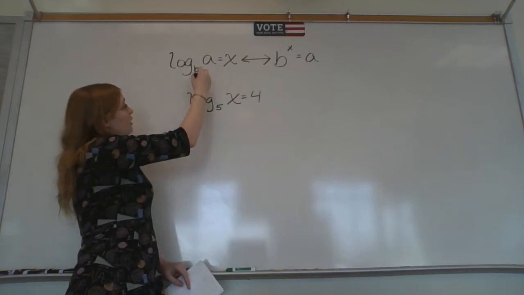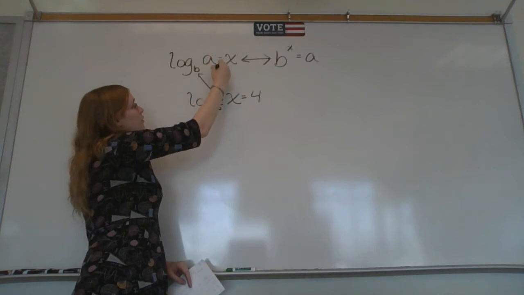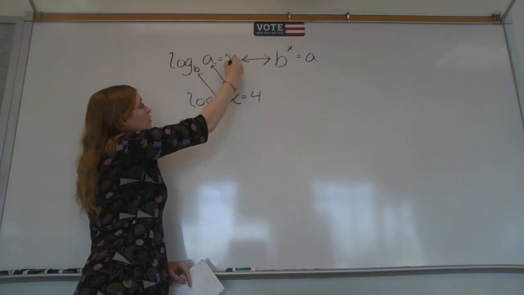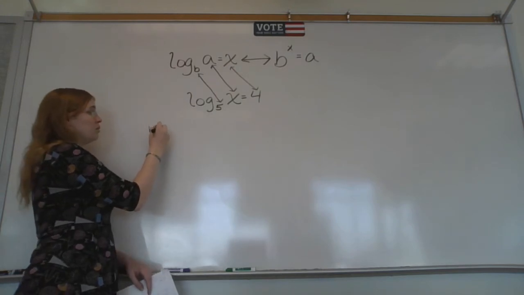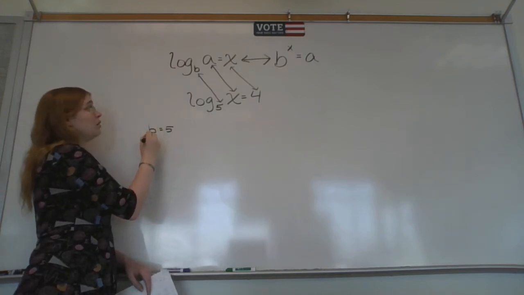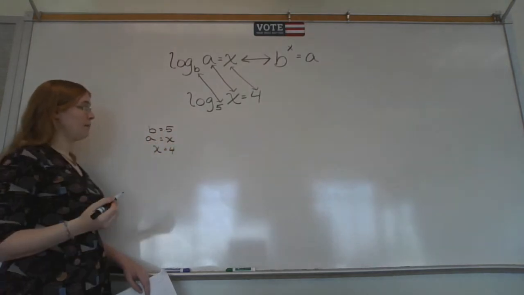So if we line it up, should have lined it up to begin with, oh well. What we've got, b equals 5, a equals x, and x equals 4. Okay?